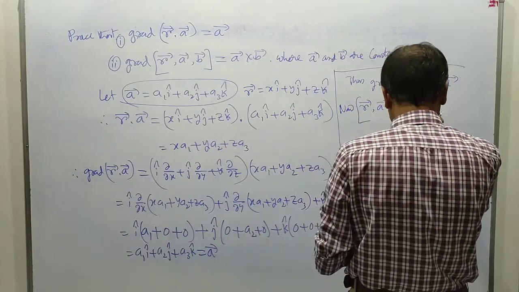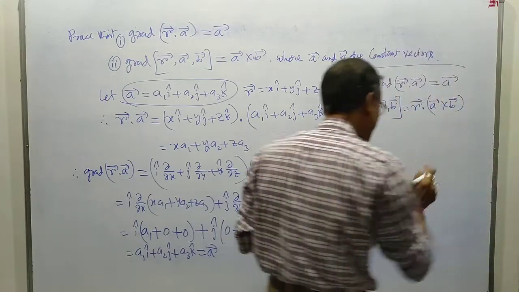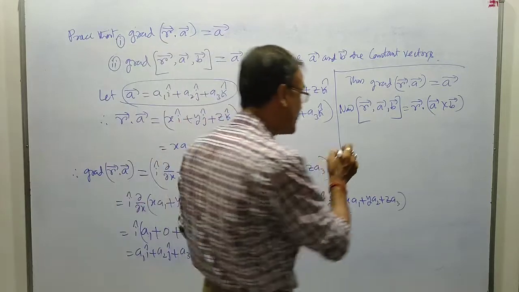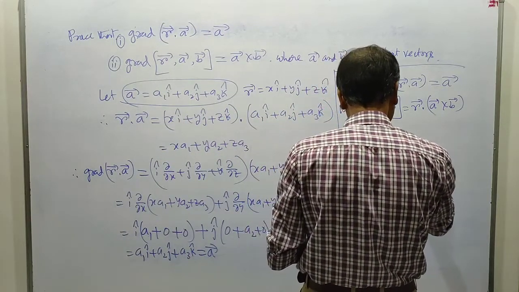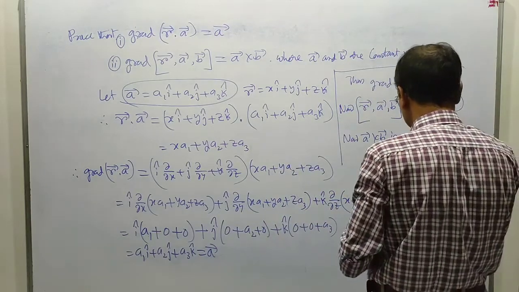This can be written as R vector dot A cross B. Now A cross B is a constant vector.